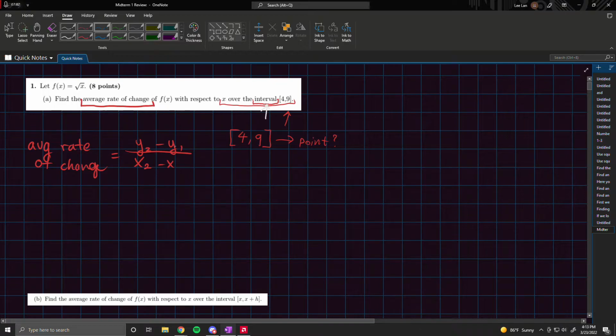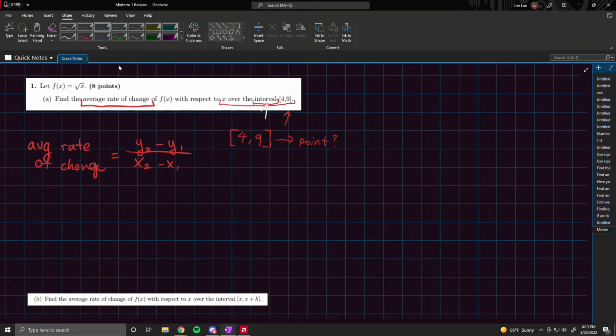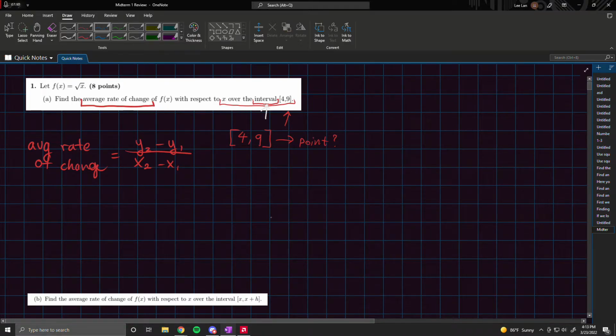It's y2 minus y1 over x2 minus x1. And it's not too bad to calculate this. Before we go on to the y's, a really easy one to find is x2 minus x1.